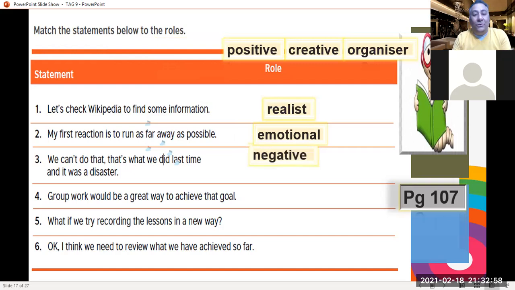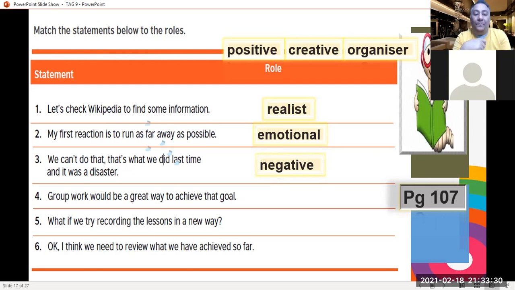I don't think so. It's the negative one, that thinks about the negatives, not the positives. So he looks at the issue in a negative way. He says, we can't do that. That's what we did last time, and it was a disaster. So he doesn't like to try again to make something because last time it was a failure.